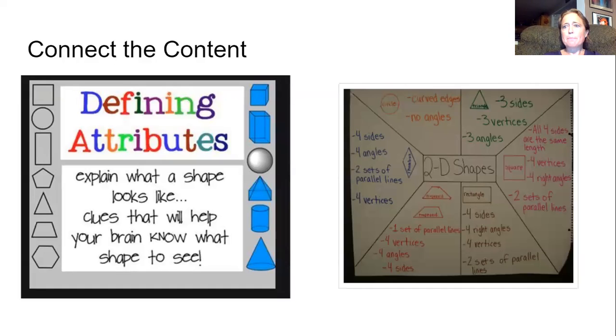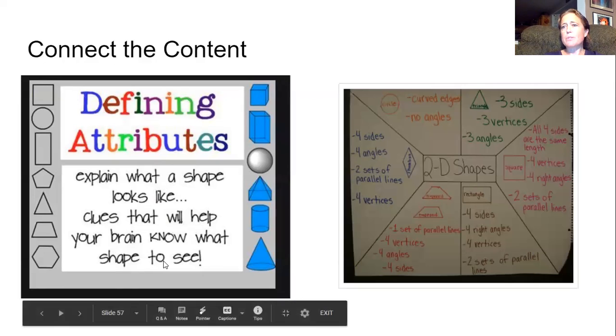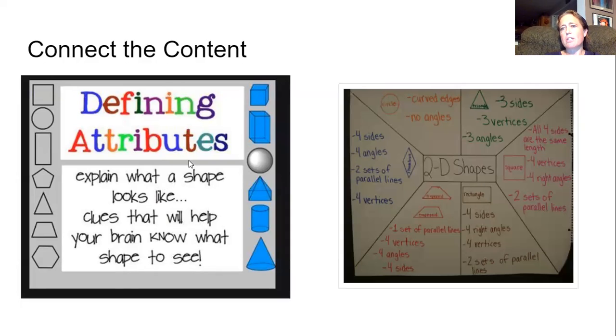So let's review. Defining attributes are things that explain what a shape looks like, clues that will help your brain know what shape to see. Okay, so defining attributes are like those attributes I just mentioned about triangles. Triangles, like I said, have 3 sides, 3 vertices, 3 angles.